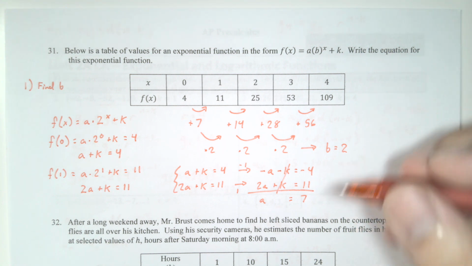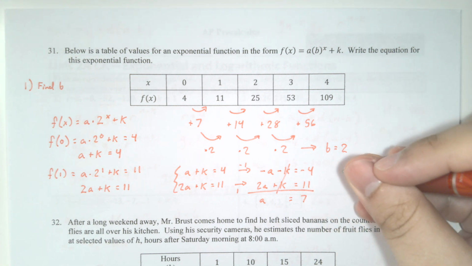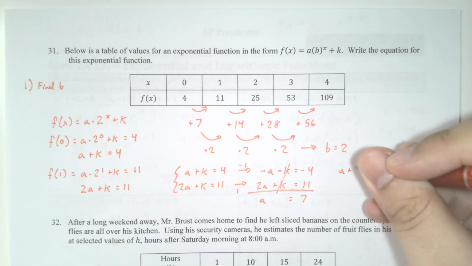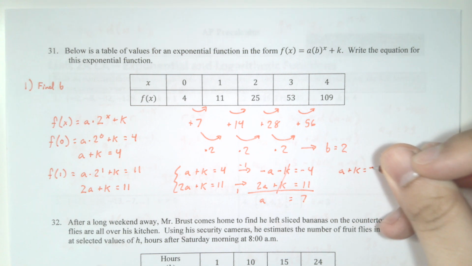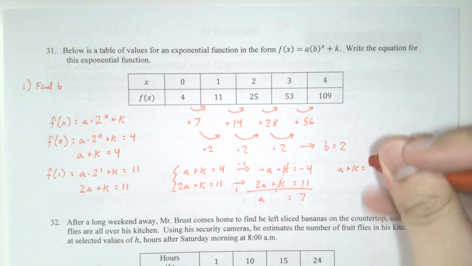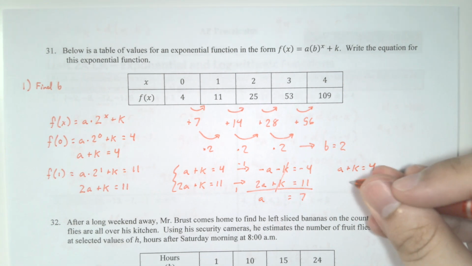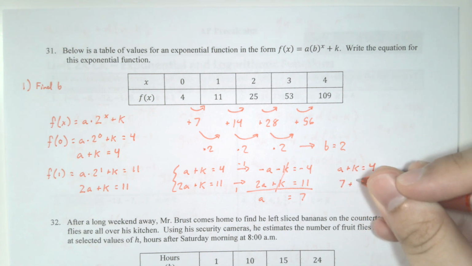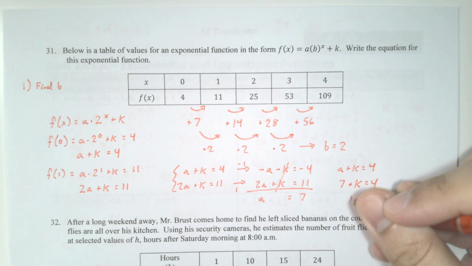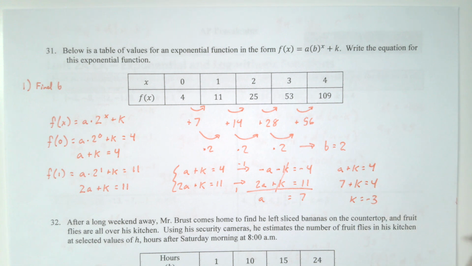And now that I know that a is equal to 7, since a plus k is equal to 4, then 7 plus k has to be equal to 4, which means that k is equal to negative 3.